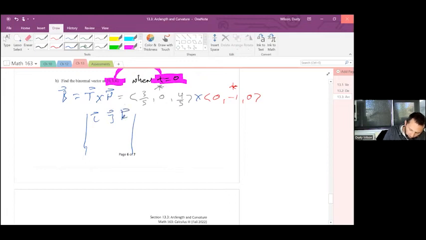IJK, and we have the gray one, which is 3/5, 0, 4/5, crossed with the red one, 0, -1, 0.